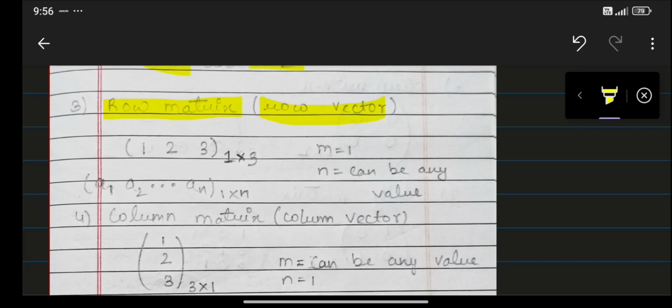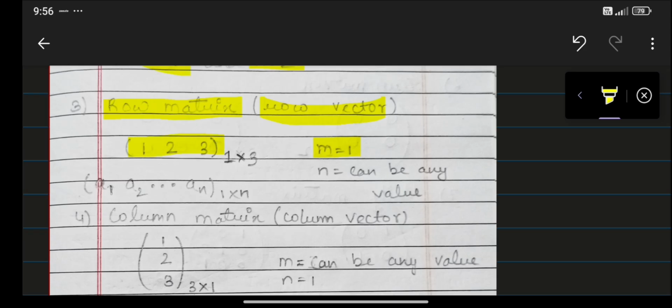So, a row matrix, or row vector, is a matrix in which we have one row. So here is an example of one row and three columns, that is 1 2 3. This is a row matrix or a row vector.